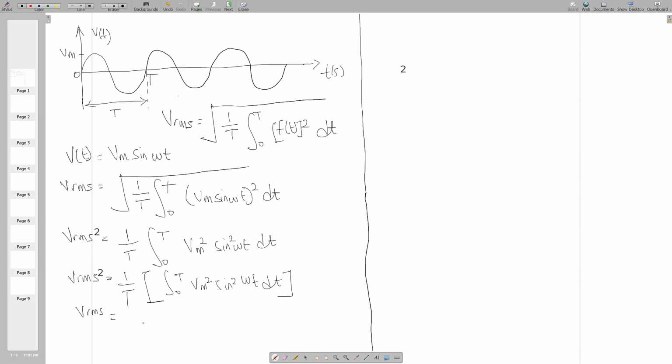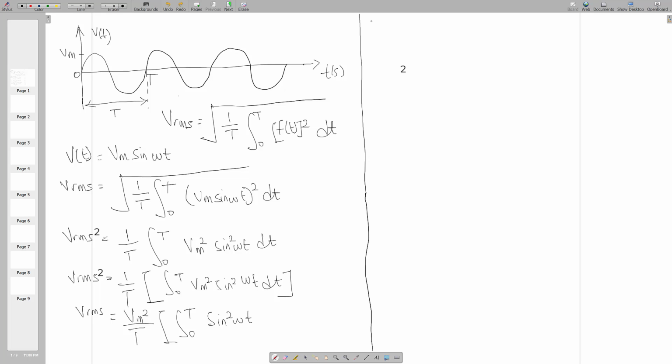But we realize that Vm squared over here is a constant, so we can bring it out. So Vm squared on T over here, and we'll integrate from 0 to T sine squared omega t dt.